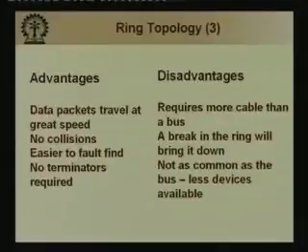So, ring topology has its advantages and disadvantages. Data packets travel at great speed. One reason why data packets can travel at great speed is that this is a very synchronous operation.